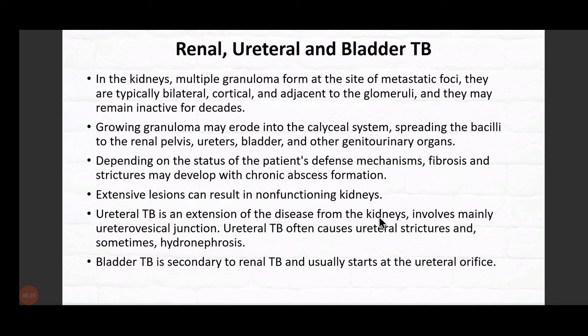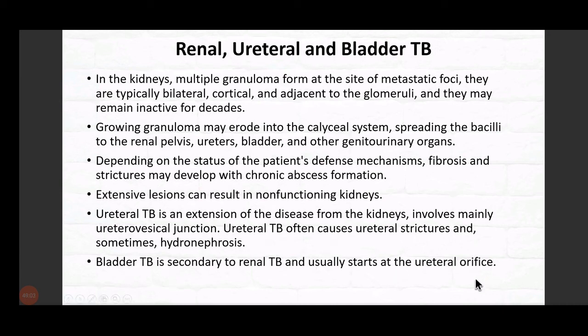There is a small stasis of the urine. That is responsible for the tubercular bacilli having a maximum effect in that region. Since it is a tubular structure, it will heal by fibrosis and give rise to a stricture. And this stricture will give rise to hydroureteronephrosis.